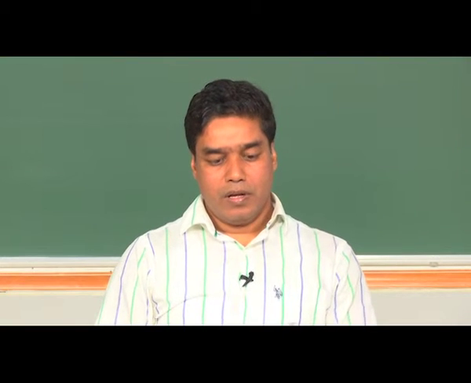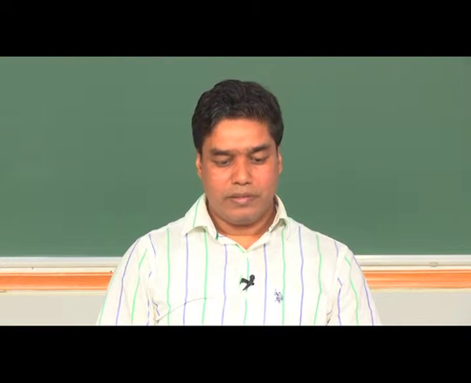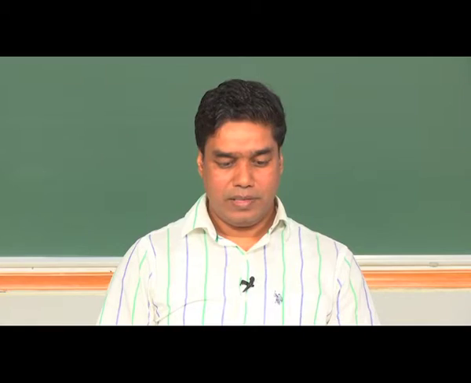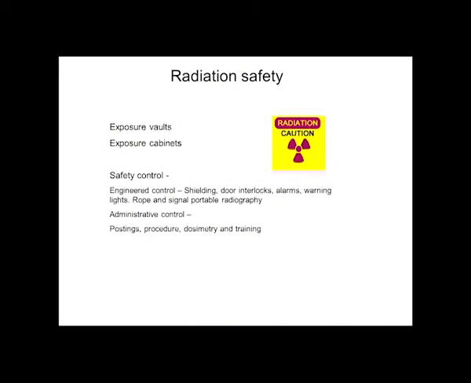Okay. So, if you talk about engineering control for safety, under this engineered control you have shielding, door interlocks, alarms, warning lights, rope and signal around the portable radiography which is done on the site.